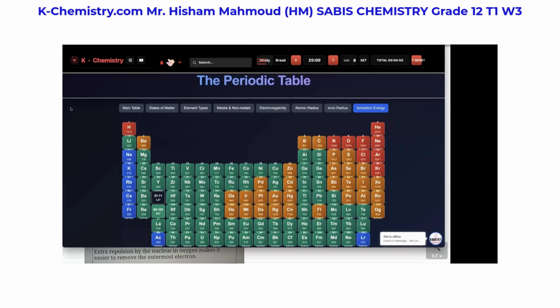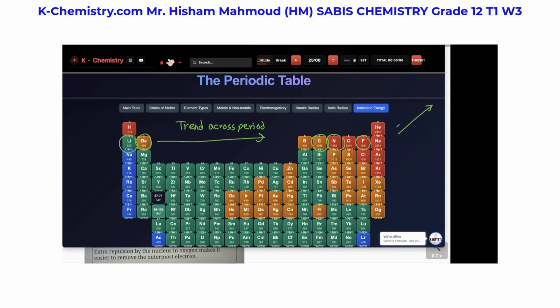So if you are here, this is 1312, let's do 520, then it becomes 899, 1086, 1402, 1681. As you go across the period from left to right, the trend tells you that the ionization energy should increase: 520, 899, 1086, 1402, 1681.